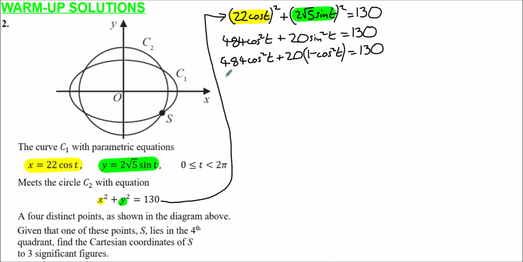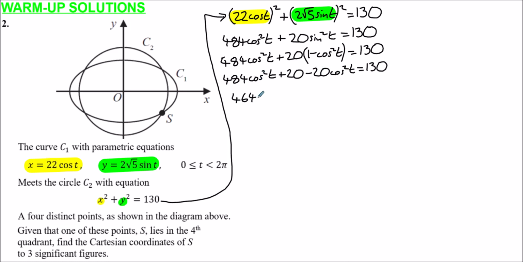So then if I expand this out, I get 484 cos squared t plus 20 minus 20 cosine squared t equals 130.